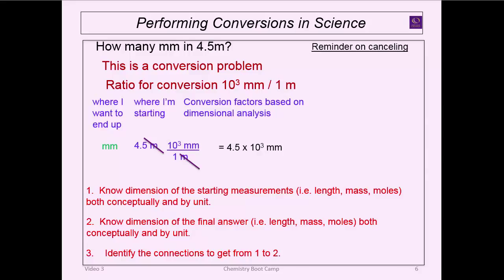And just a reminder on canceling. What do I mean canceling? How am I canceling units? If I took 8 times the fraction 1/8, or 8 divided by 8, which means the same thing, it would really equal 1. So when I say I'm canceling, I'm really changing those two numbers into the number 1.